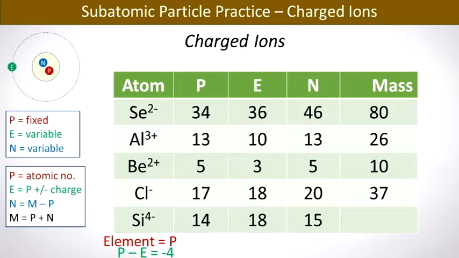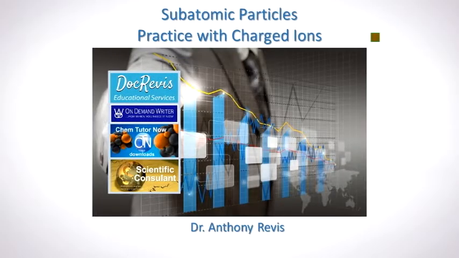We then subtract protons minus electrons to obtain a charge of -4. The mass number is obtained by adding the protons plus neutrons for a value of 29. There you have it, practice problems for charged ions of subatomic particles, protons, electrons, neutrons, and mass number.